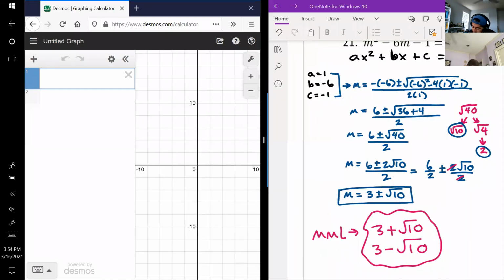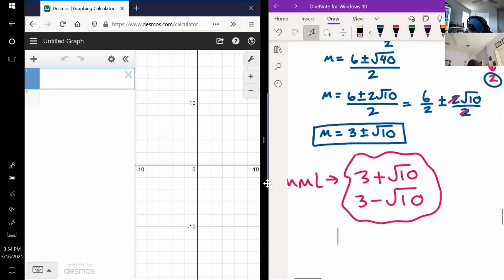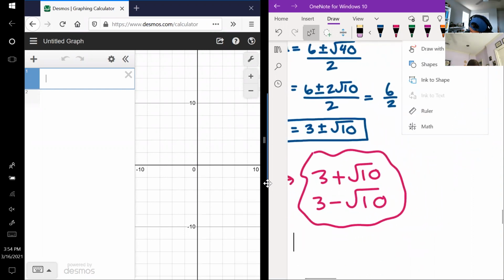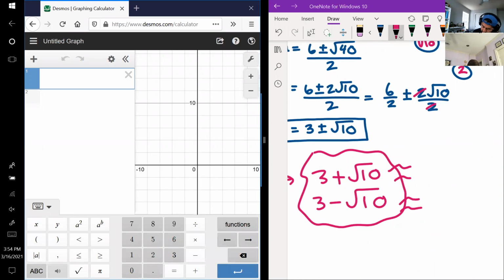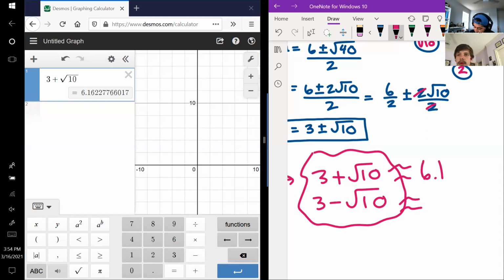All right, so if we were to put this as a decimal number, I would put 3 plus square root 10, and I would have 6.16.